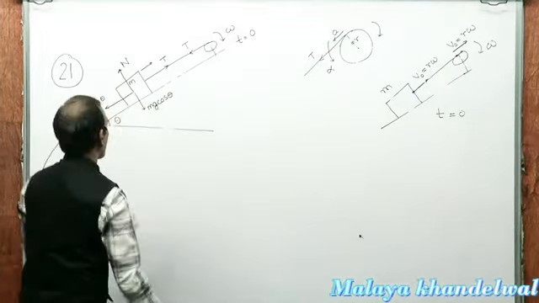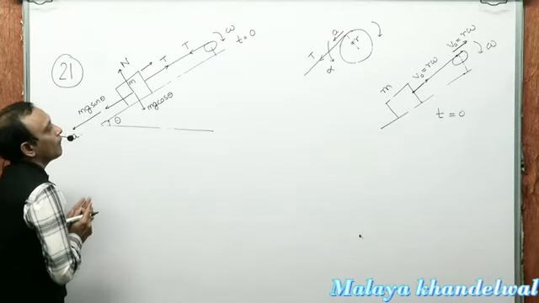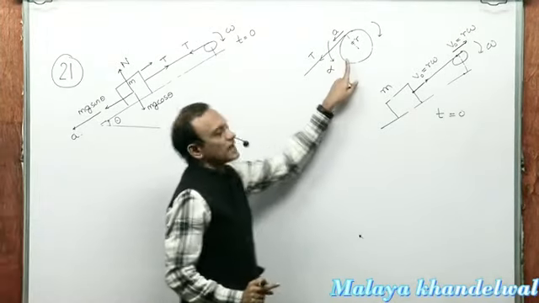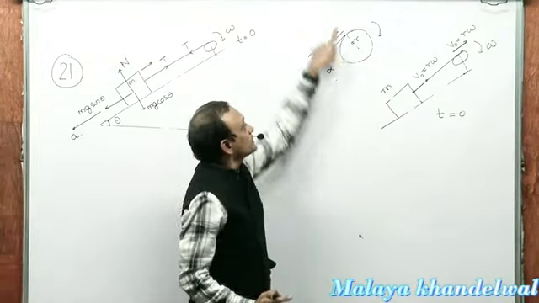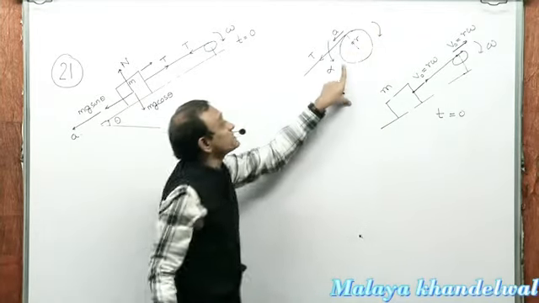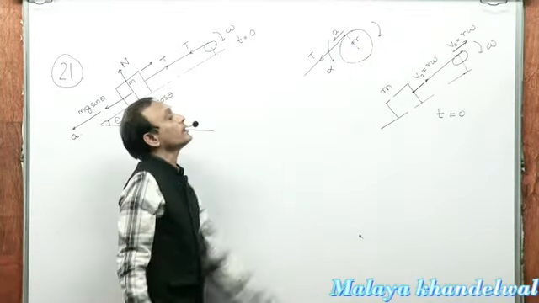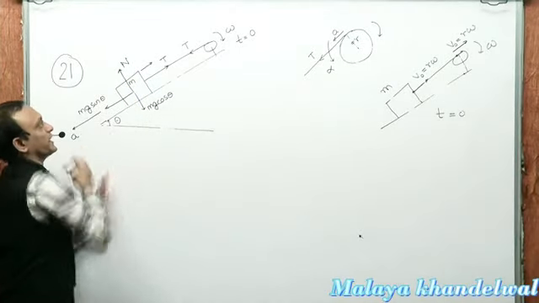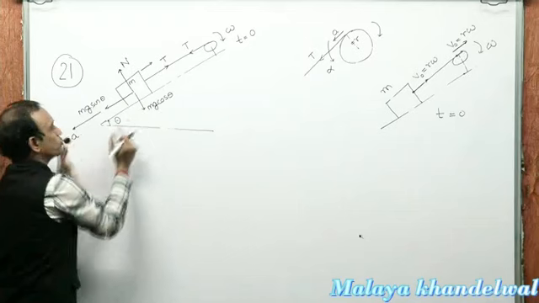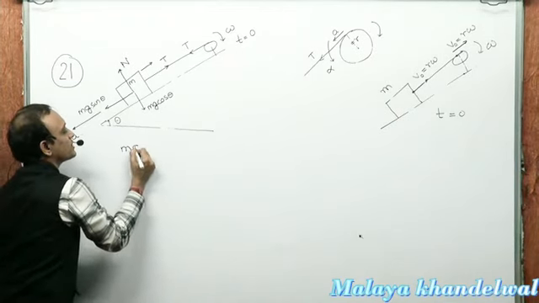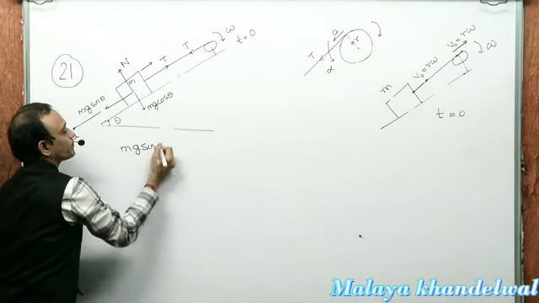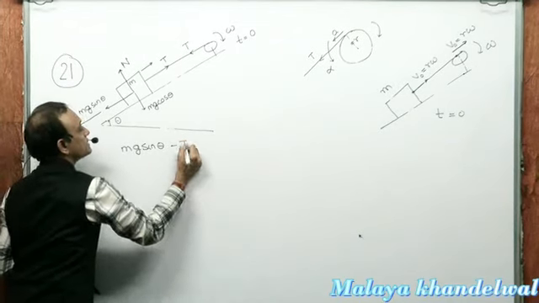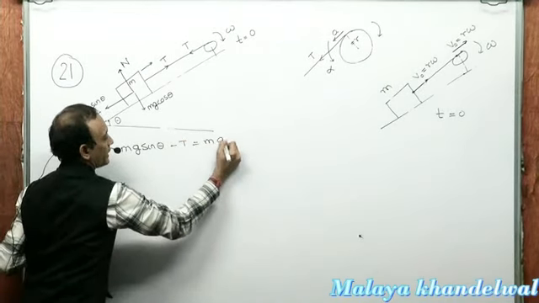Now, what happens? Because of this tension, the pulley has an angular acceleration alpha in the anti-clockwise sense, whereas the pulley is moving in the clockwise sense. So there is angular retardation essentially, right? And this mass m has a downward acceleration a. So the equation of motion of this mass is mg sin theta minus T equal to m into a.